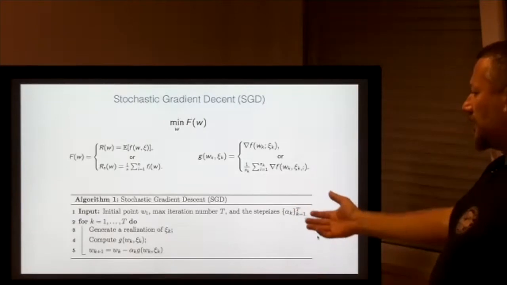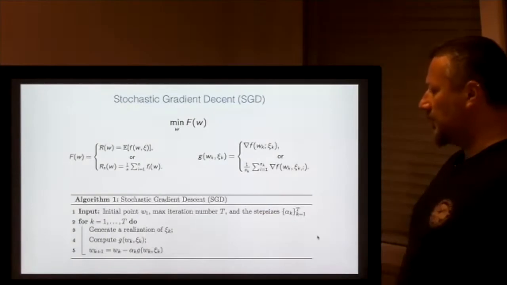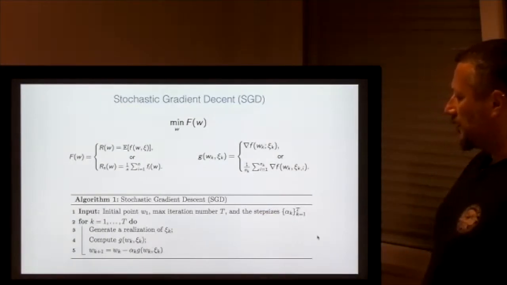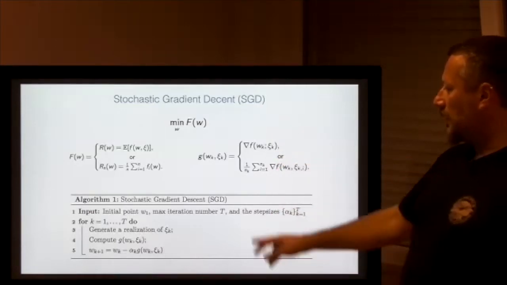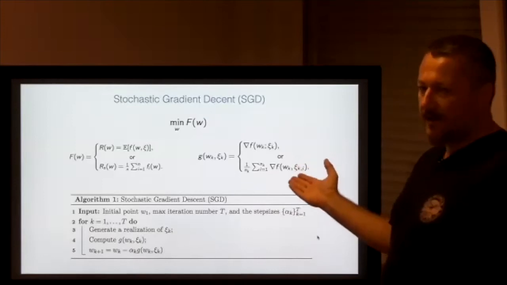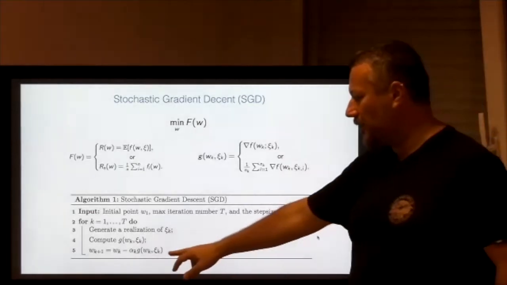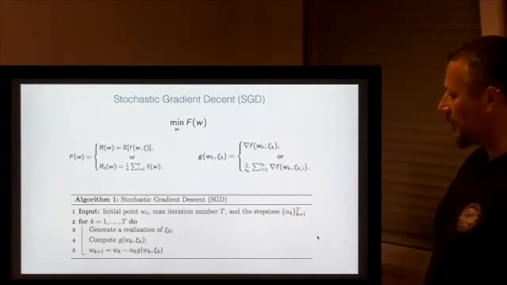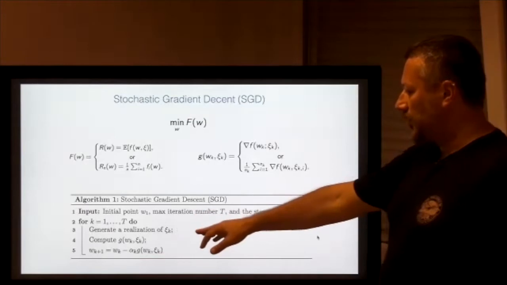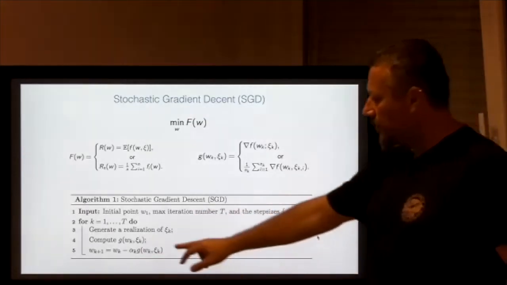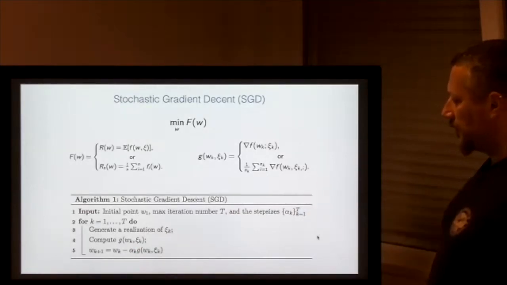And then for all these steps, at each step we generate a realization of the random variable, random seed, let's say. Basically we are just going to choose one data point or a mini batch of those, calculate this approximate stochastic gradient, and then behave as if it's the gradient of f and do a gradient descent, but now it's called stochastic gradient descent. So we just move in the opposite direction of that gradient with some step size alpha k that is given from the beginning.